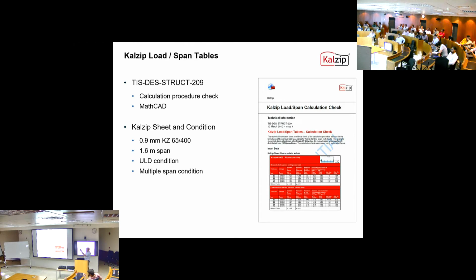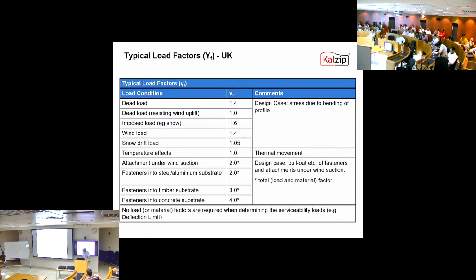Again, that's just an example of the sort of software we use, with Mathcad formulas and calculation procedures for working out the structural capacity of the system. These are the load factors we can add. These can be adjusted to suit what region you're using the system in.